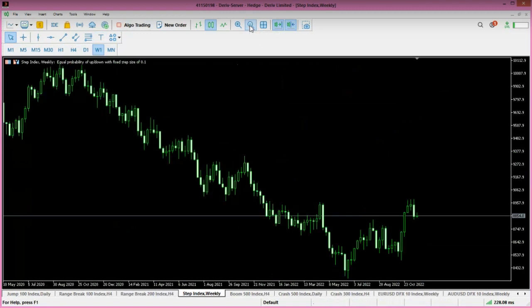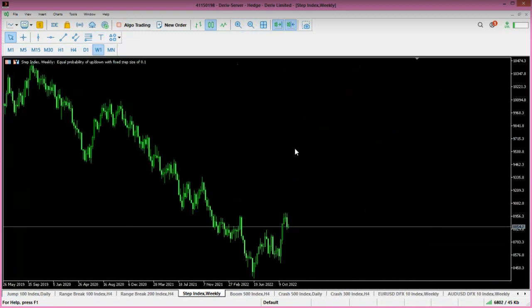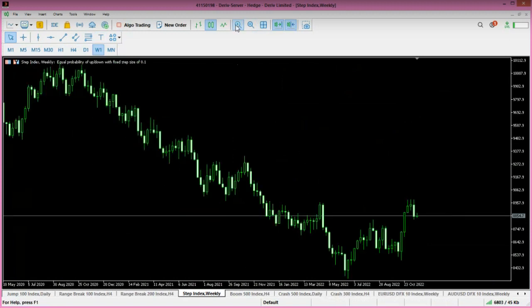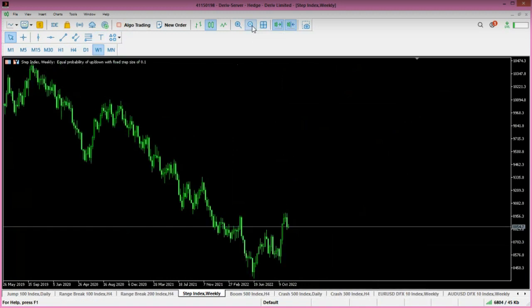By the look of things, if I zoom out, you can see all in all what is happening. You can see that the Step Index is actually selling.